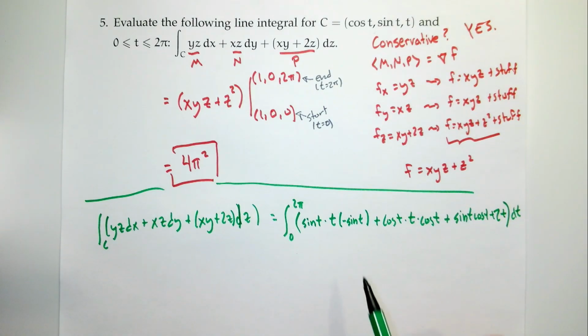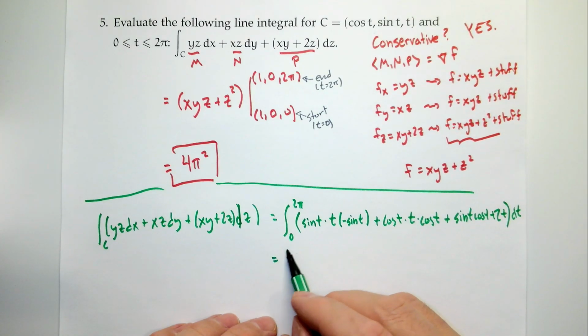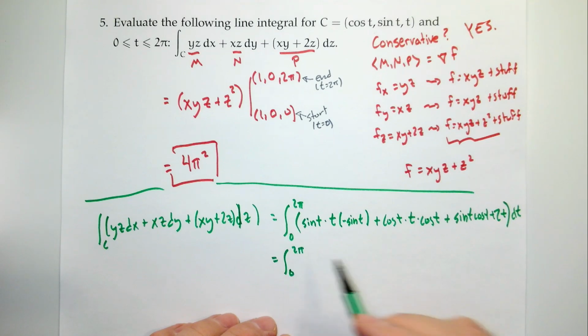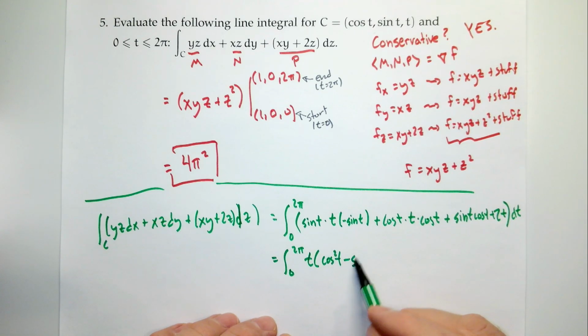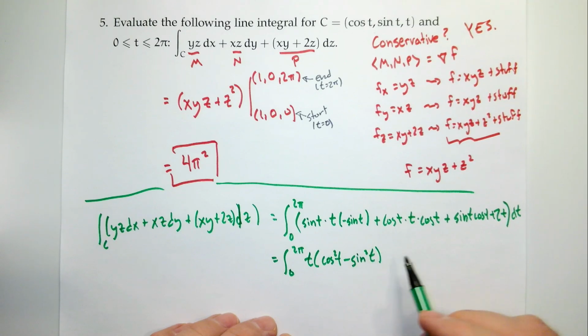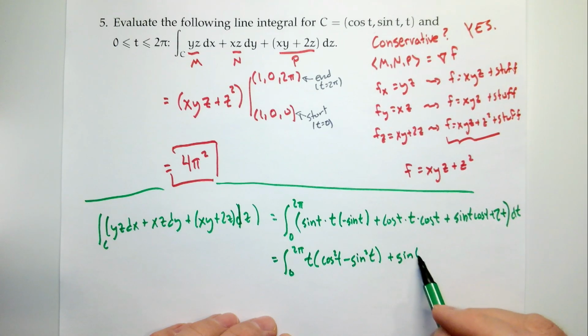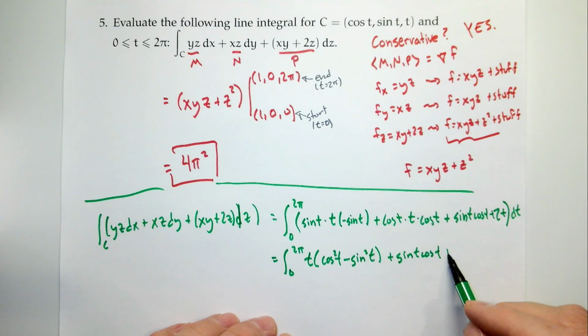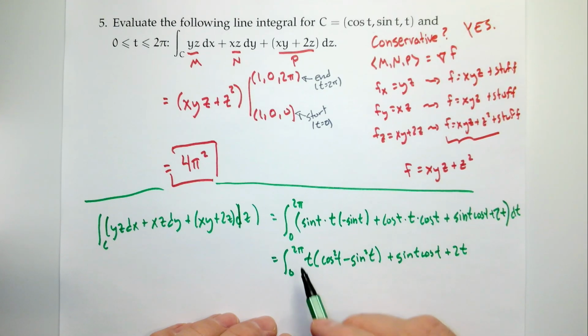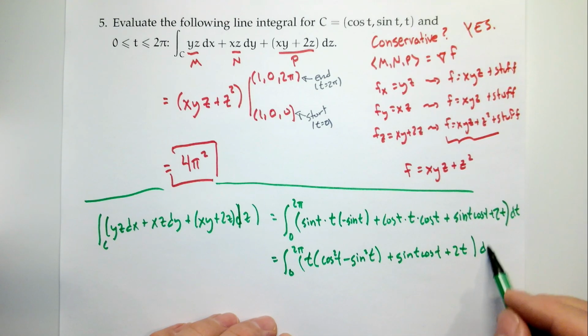Well, if you look, this is the integral from 0 to 2 pi. I have here, t is common to both the first two terms, so that's t times cosine squared t minus sine squared t, plus sine t cosine t plus 2t, dt.